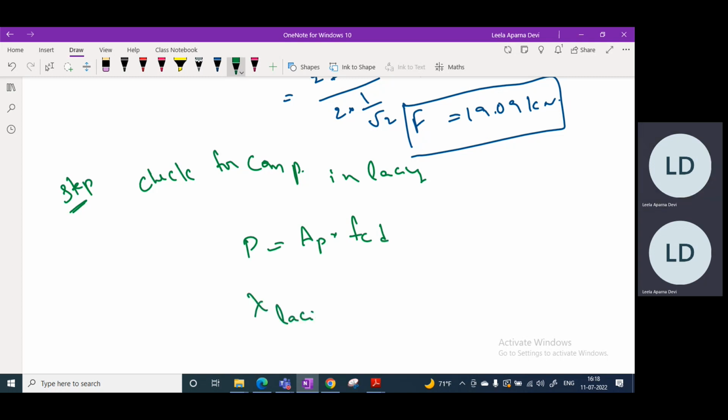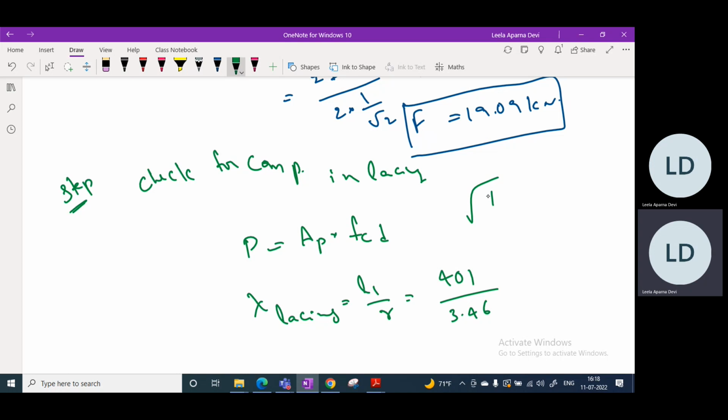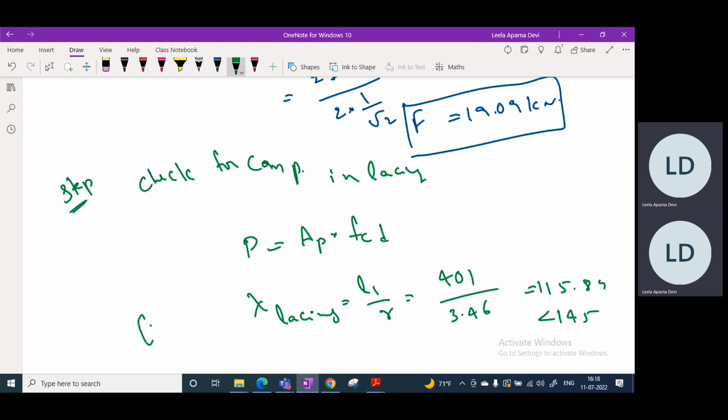Lambda of lacing is L1 by r. L1 is the effective length of the lacing, that is 401, which we have calculated. And r is here 3.46, from I by A we have calculated, the minimum radius of gyration. So that is 115.89 as the lambda, which is less than 145. So this is safe.